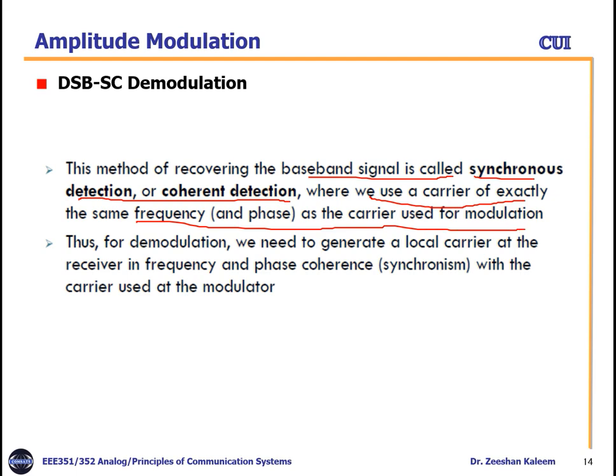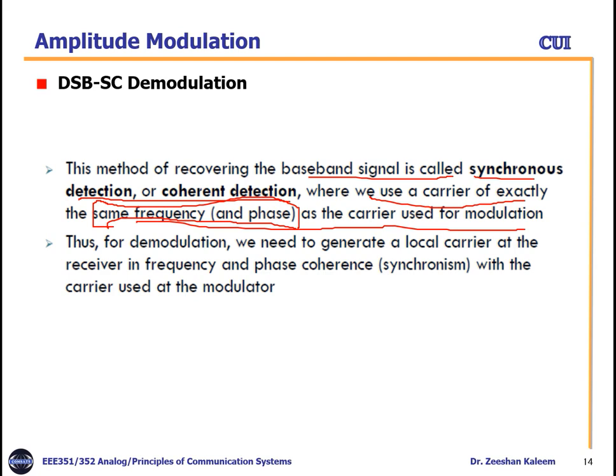As we are not transmitting a separate carrier, to detect that signal we need to regenerate a carrier of exactly the same phase and frequency. This type of demodulation, where we generate the carrier at the receiver side with the same phase and frequency, is called synchronous detection or coherent detection.